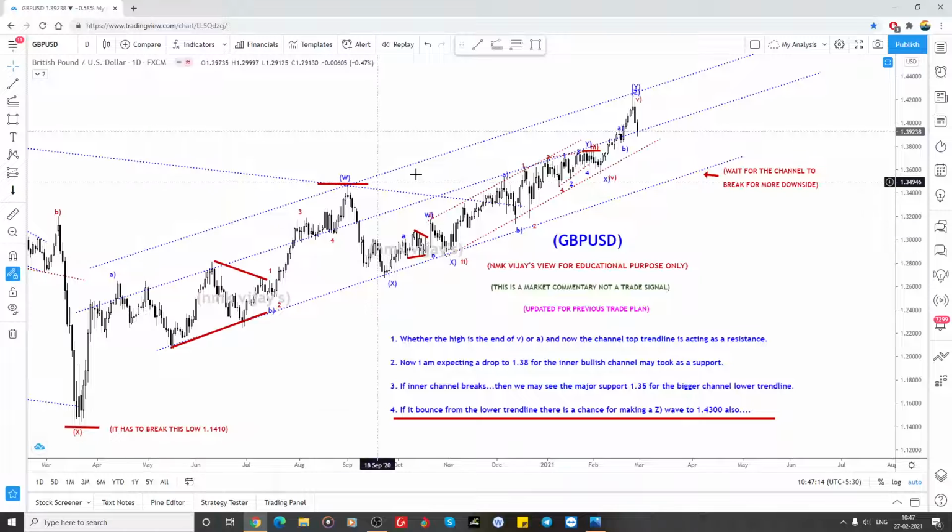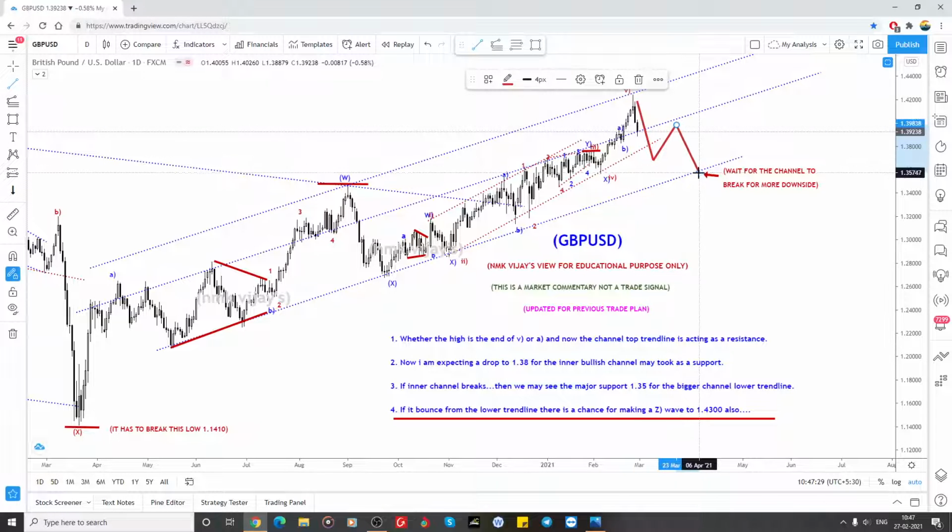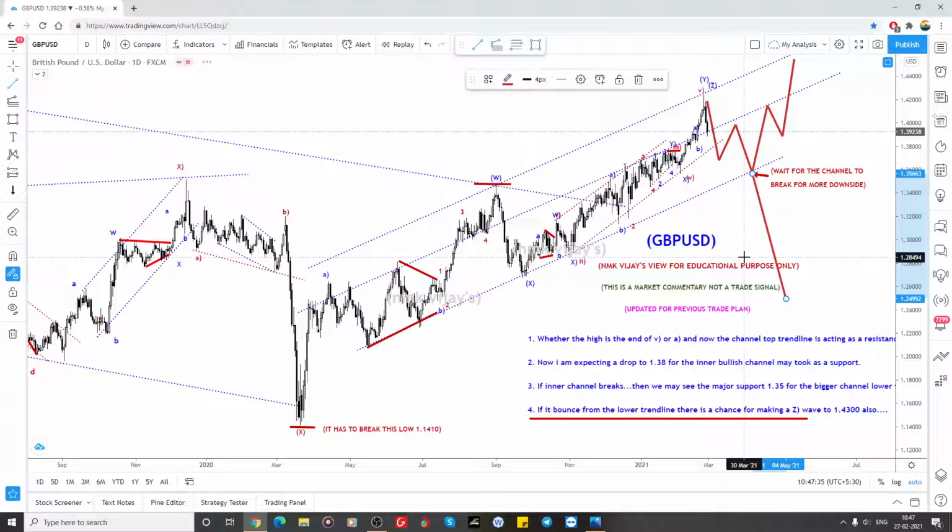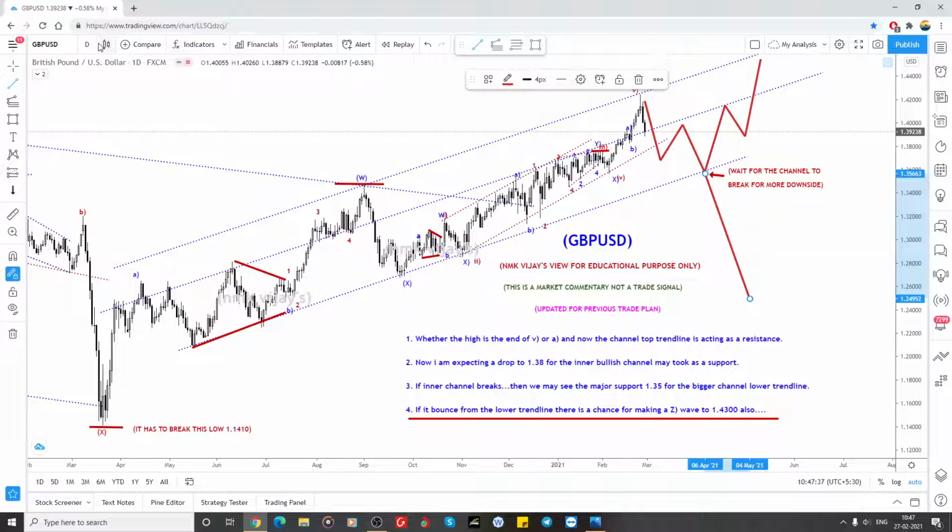Perfectly it is in that channel, at the upper trend line, and we get the massive rejection zone here. So whether it will continue for the Z wave like this, or it can come down like this, that we have to watch.